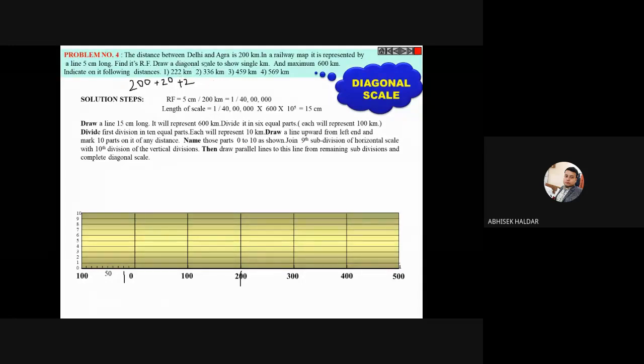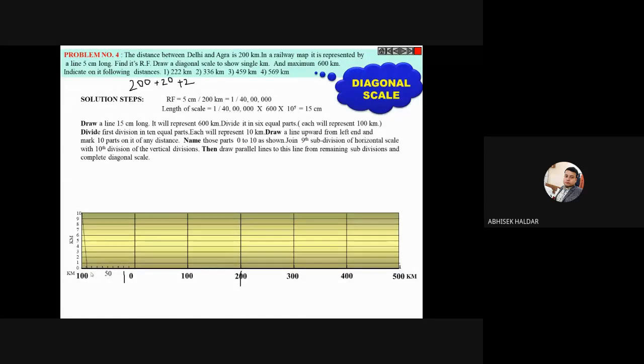You can see here, take the ninth point. This is my 0 1 2 3 4, and like this is my ninth point. These are the units they have mentioned. From this ninth point, join the 10th point, the topmost point, by your scale, so that you get a diagonal line.